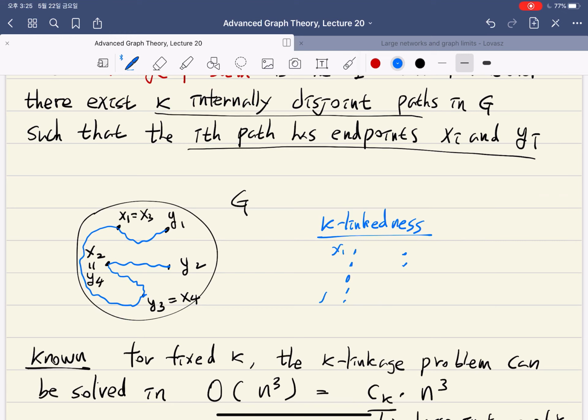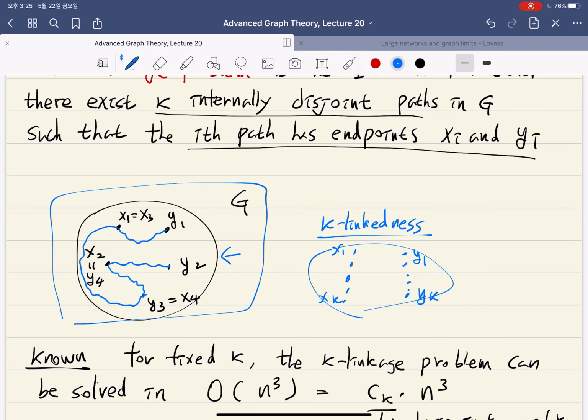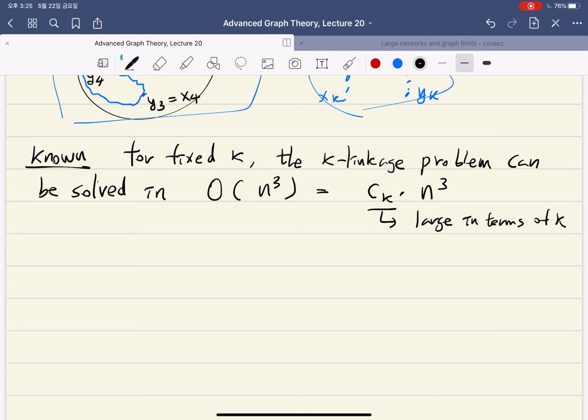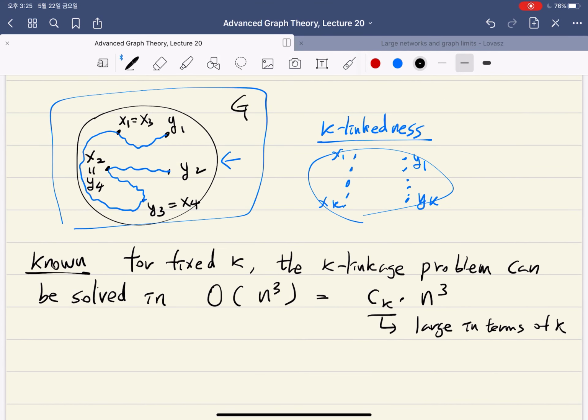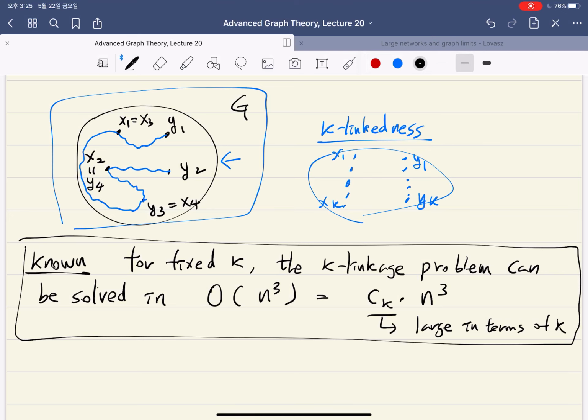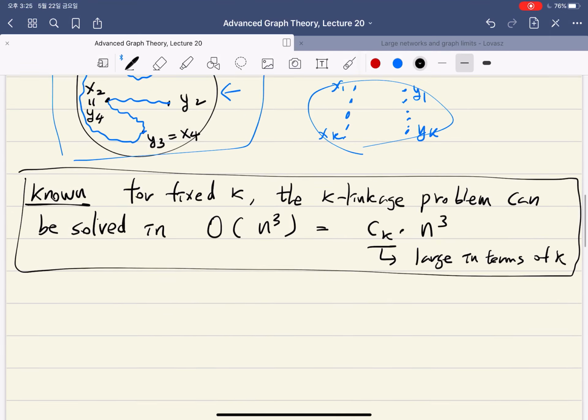We consider x1 to xk, y1 to yk, and then we want to make sure that all 2k vertices are distinct. But here we don't impose that condition. So this is a more general problem. And from this definition and this result, you can solve this k-linkage problem in polynomial time.